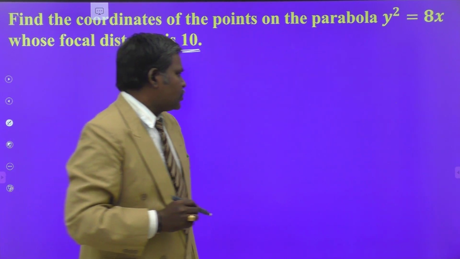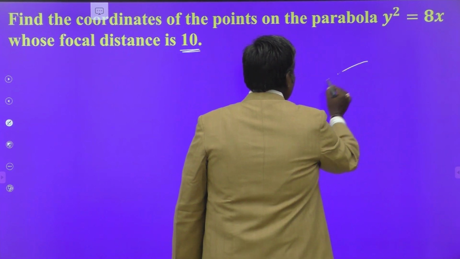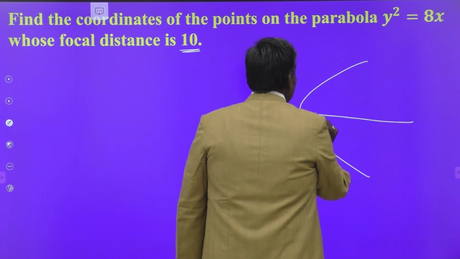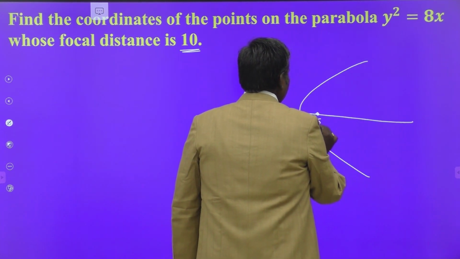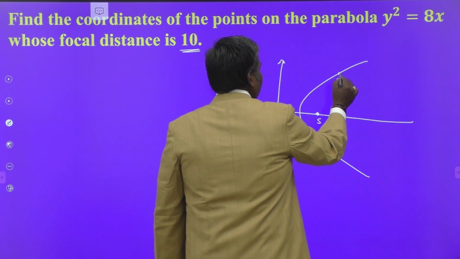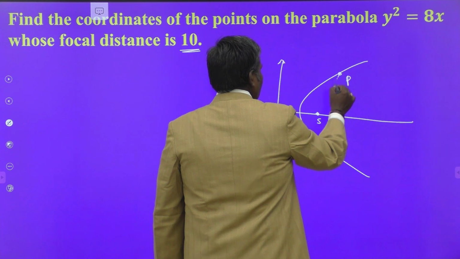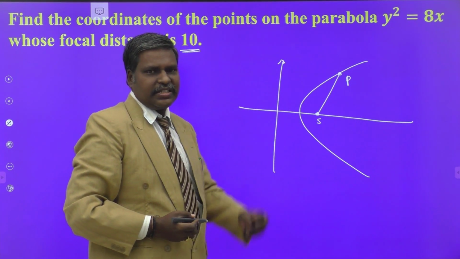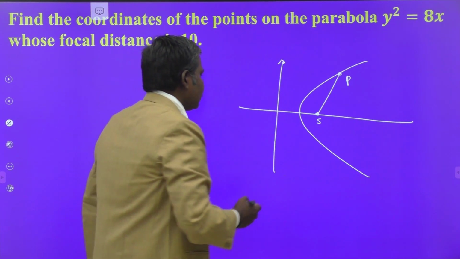Simple definition. Suppose you have a parabola, this is the axis of the parabola, your focus is like this, and your directrix may be in this manner. P is any point here, join SP, it is nothing but the focal distance.